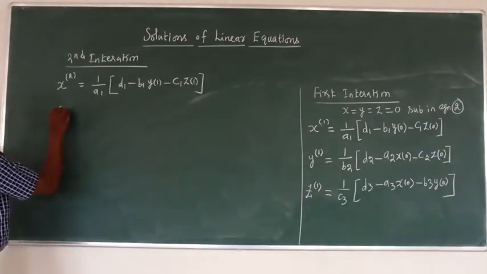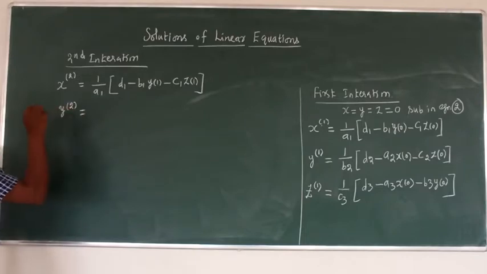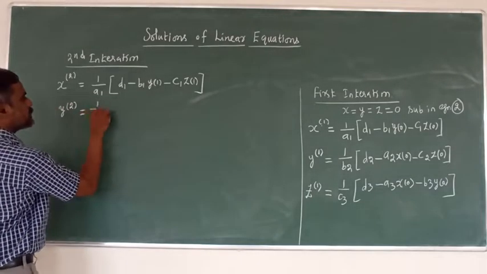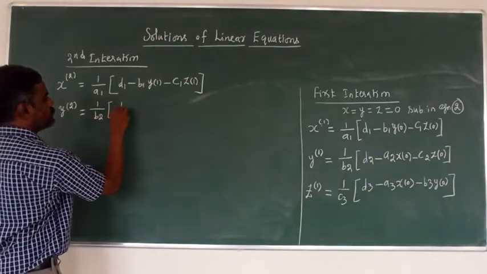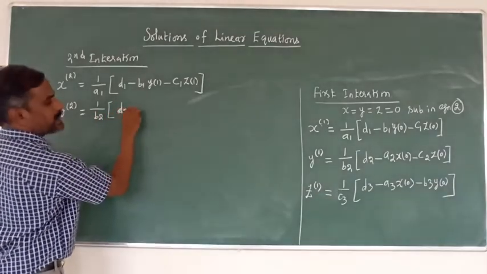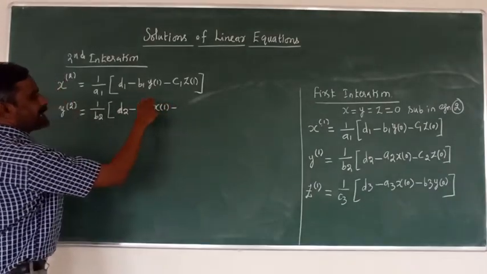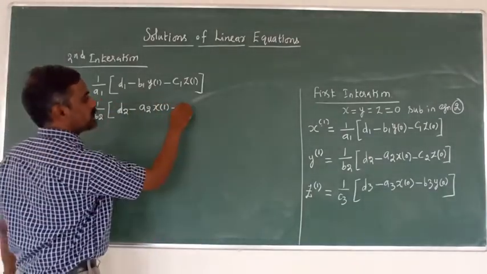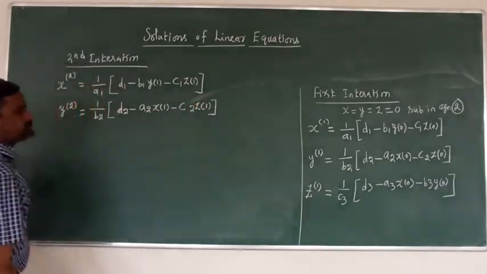Next, y2, the second iteration value of y: 1 divided by b2, within bracket d2 minus a2 times the first iteration x value, minus c2 times the first iteration z value.